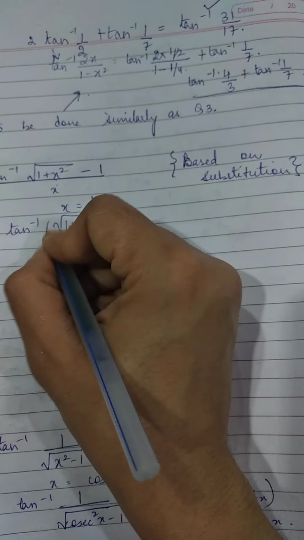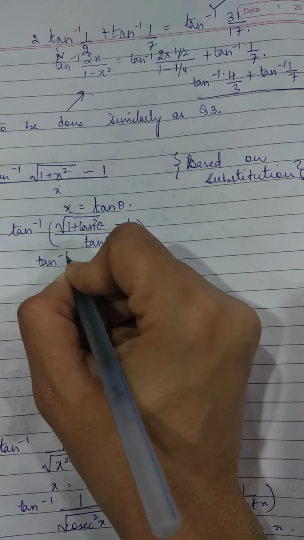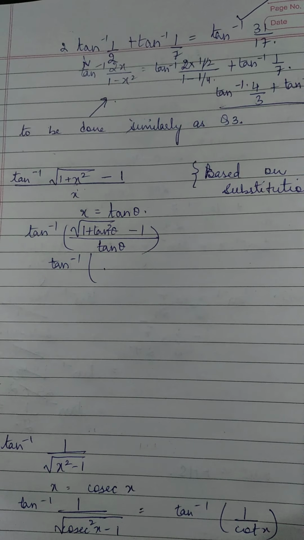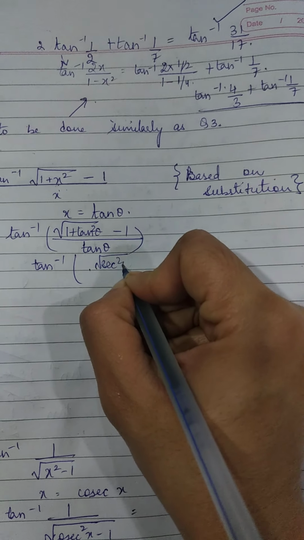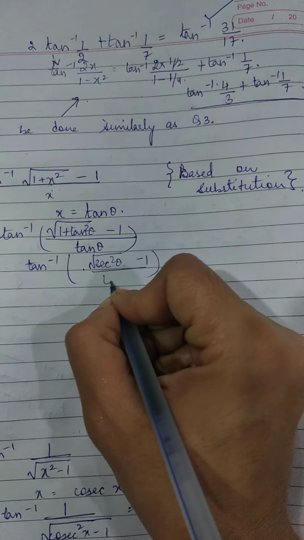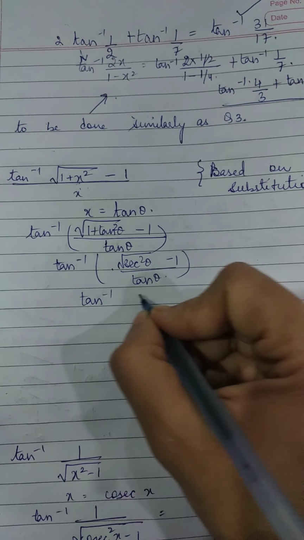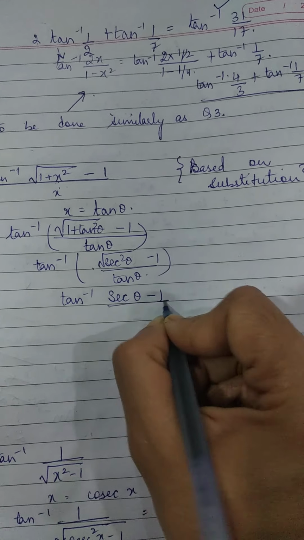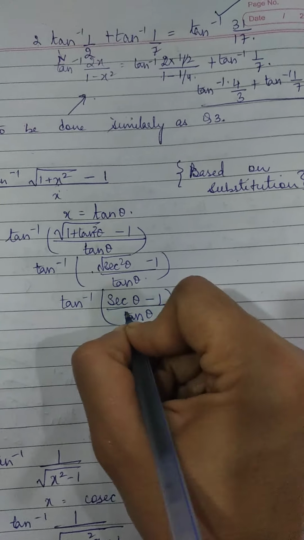Again, tan inverse 1 plus tan square theta is secant square theta, and under root of secant square theta becomes secant theta. So this is tan inverse secant theta minus 1 upon tan theta, right?